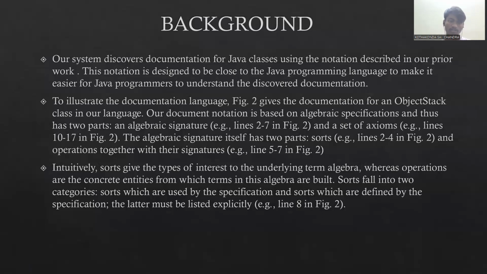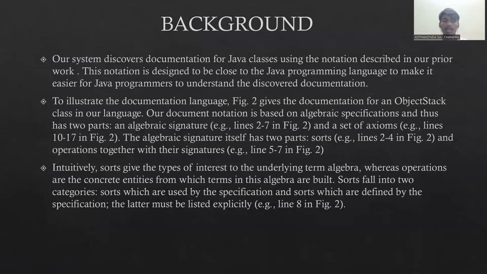Intuitively, sorts give the types of interest to the underlying term algebra, whereas operations are the concrete entities from which terms in this algebra are built.